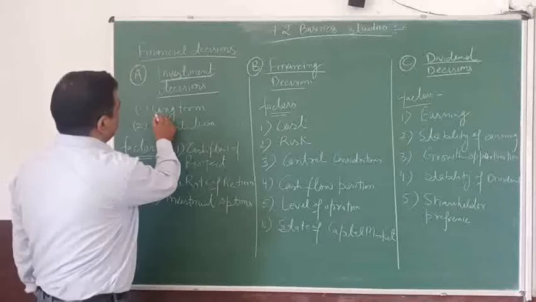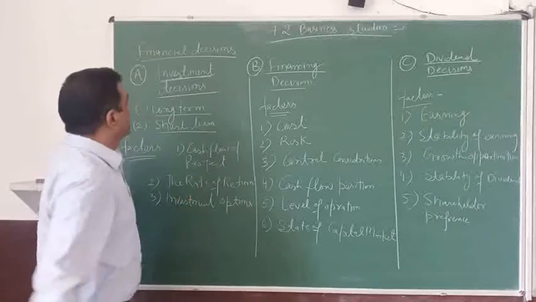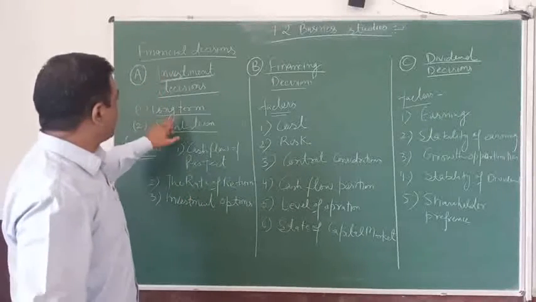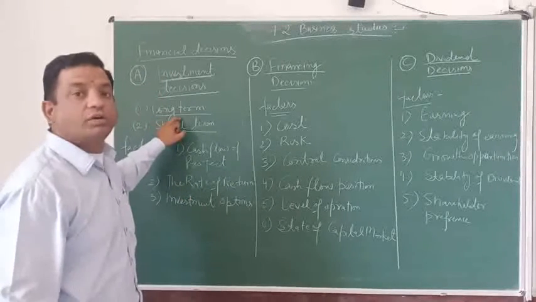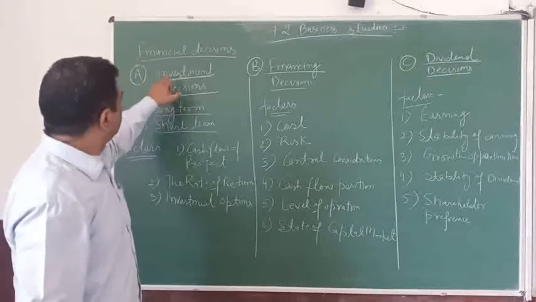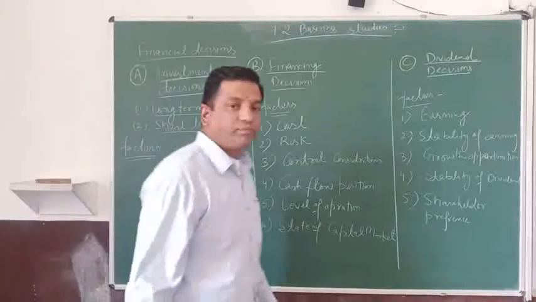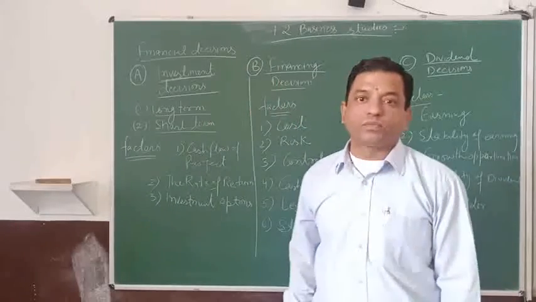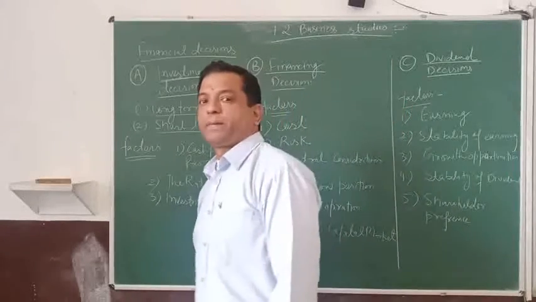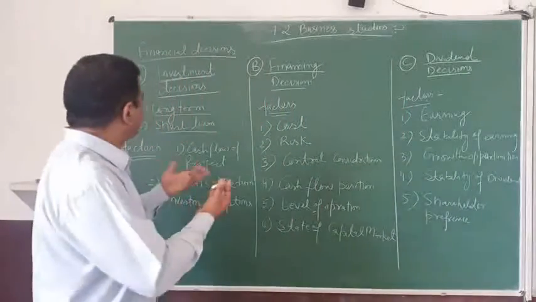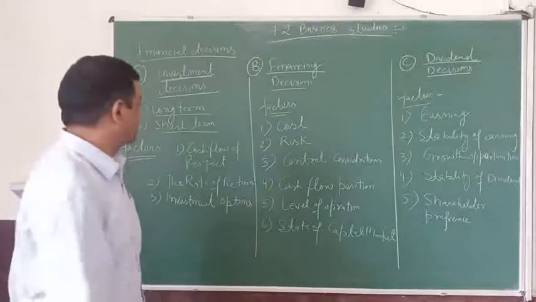Mainly the manager has to focus on how much funds are required to be invested in long-term assets, that is the long-term investment decision, meaning land and building, plant and machinery, furniture and fixtures, and these types of long-term assets.